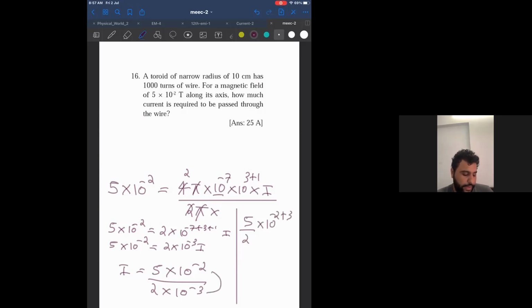Because minus 3, if I take it to the numerator, it will become plus 3. Therefore, I will get 5 by 2 into 10 power 1 is 10 because minus 2 plus 3 is plus 1. Therefore, I will get 50 by 2. 50 by 2 is 25 ampere. Is it clear? All of you getting this much? 25 ampere. Yes.